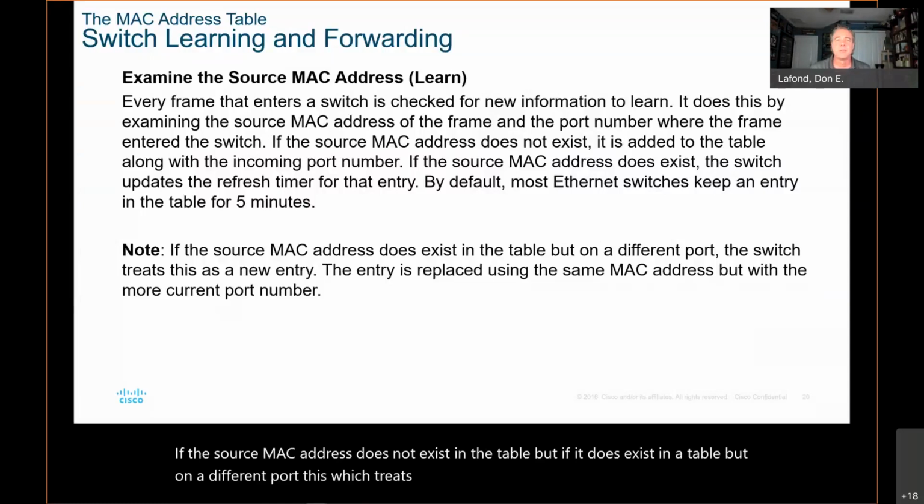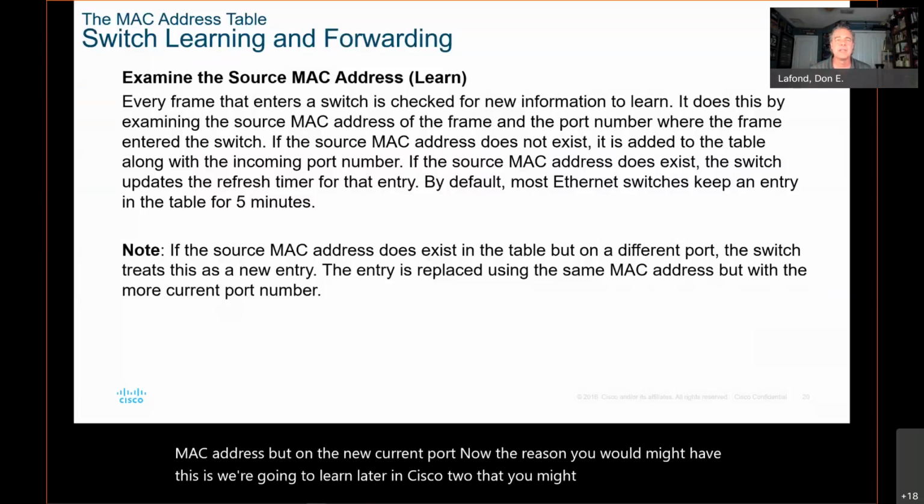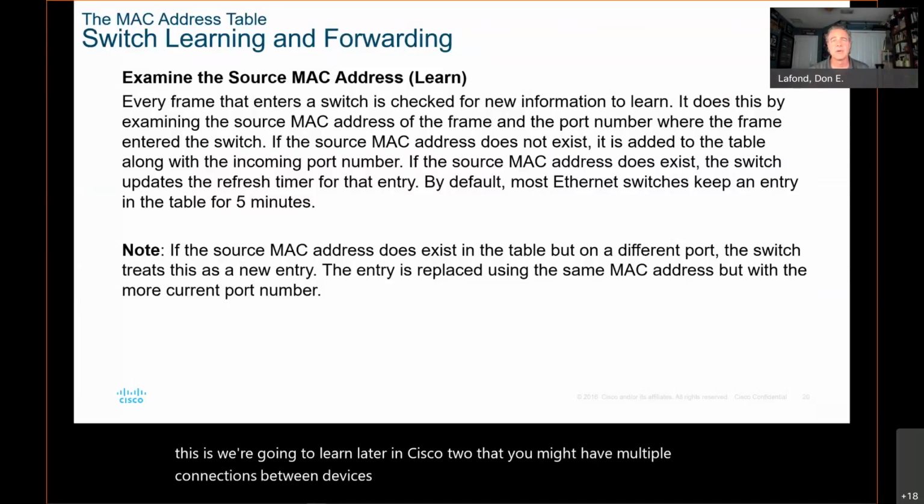The entry replaces the same MAC address but on the new current port. Now, the reason you might have this is we're going to learn later in Cisco 2 that you might have multiple connections between devices as redundant connections or as a way to increase the speed between the two devices.